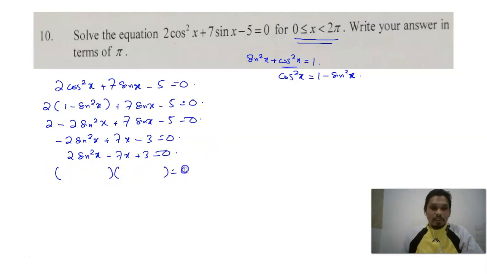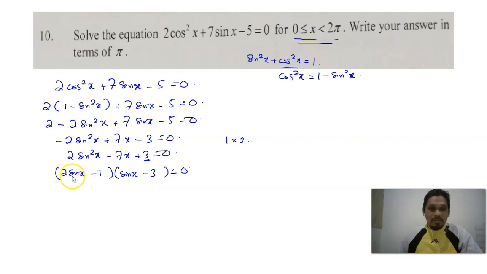2 sine x and sine x, with the pairing of numbers 1 multiplied with 3. So 2 sine x times 3 equal to negative 6, and then minus 1.